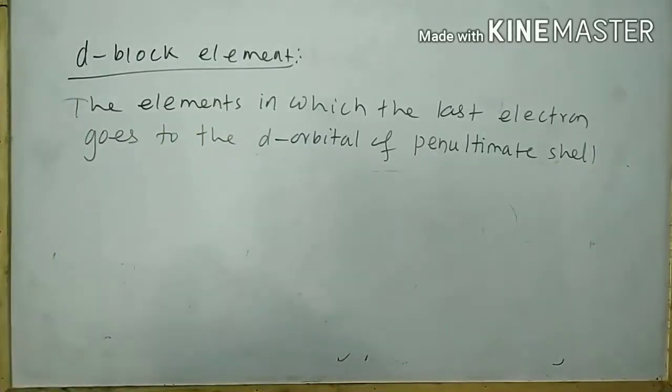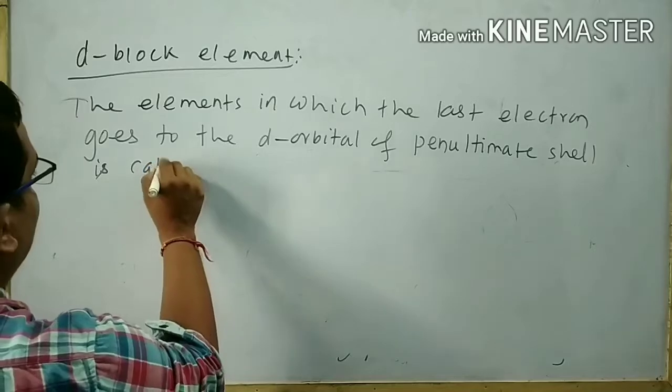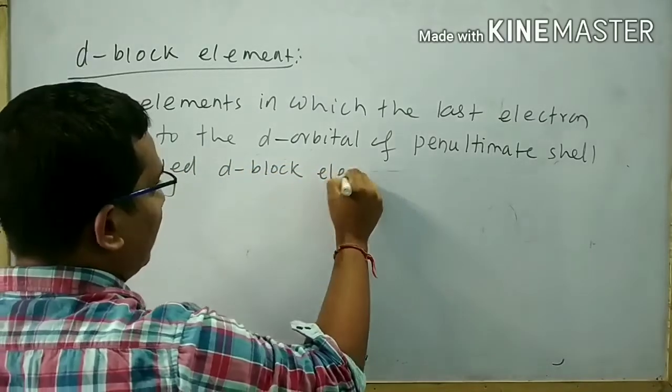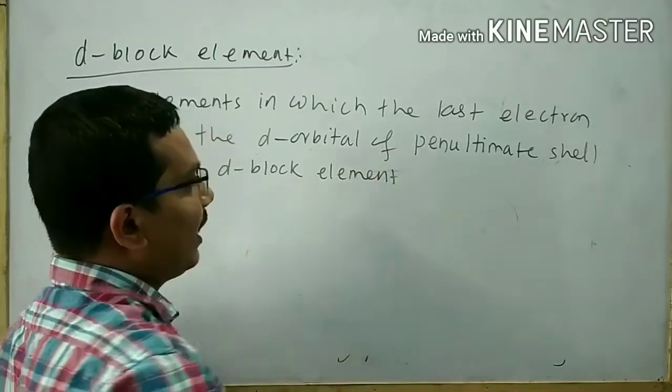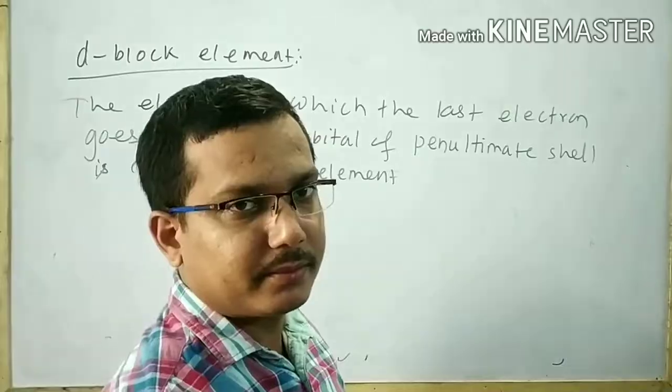Penultimate cell. This is the definition of d block element. Remember, you cannot write the d orbital of the valency cell.